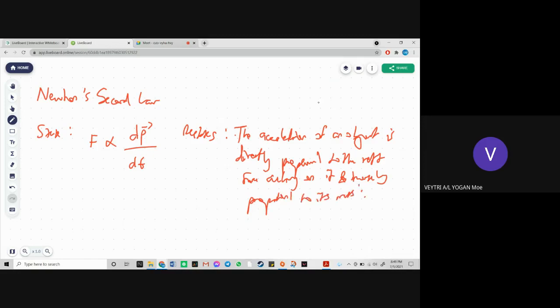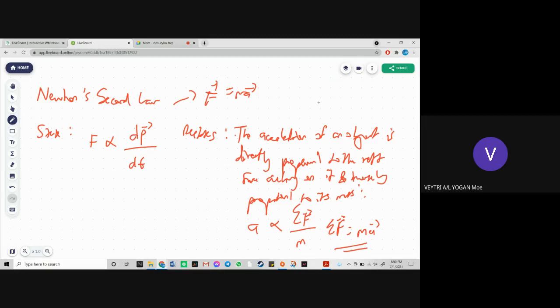Easiest way to say it, basically acceleration is directly proportional to its net force and inversely proportional to its mass. The simplest is net force or total force equals ma. F equals ma is basically what we're going to learn in Newton's second law. Remember, it's a vector quantity.